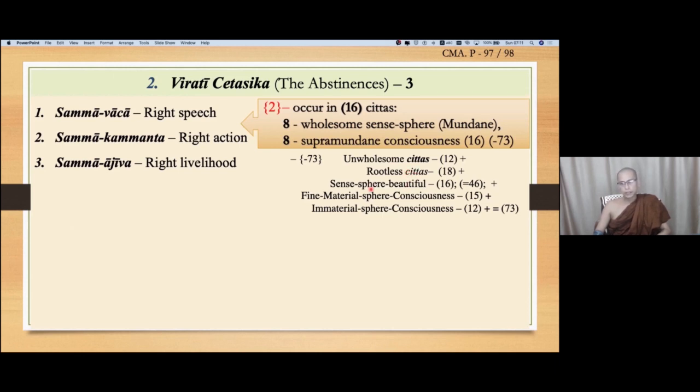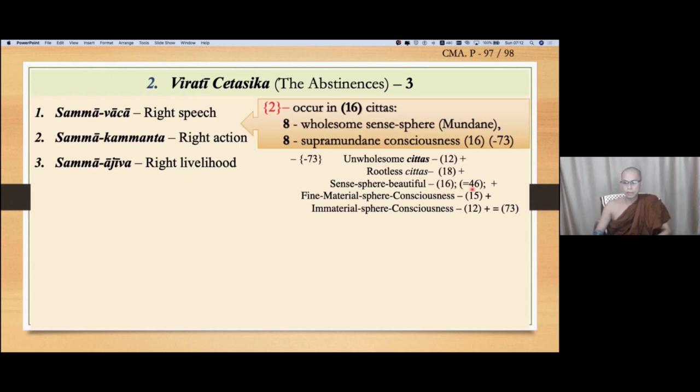Then in the sense-sphere beautiful consciousness, here only wholesome consciousness are included under the associated consciousness. So among the 24 sense-sphere beautiful consciousness, the 16 will be dissociated consciousness. So the sense-sphere resultants and sense-sphere functional, altogether 16.